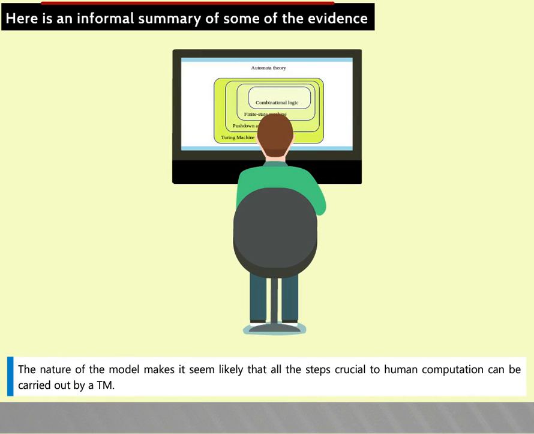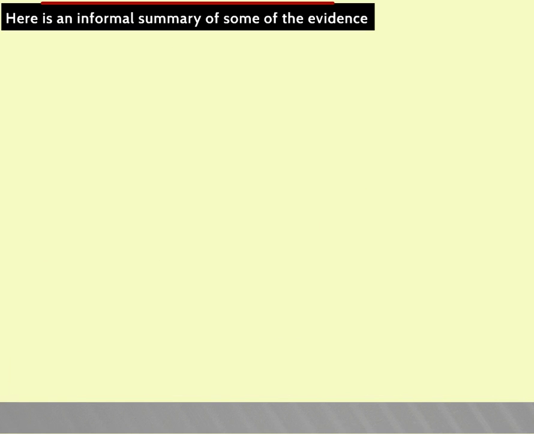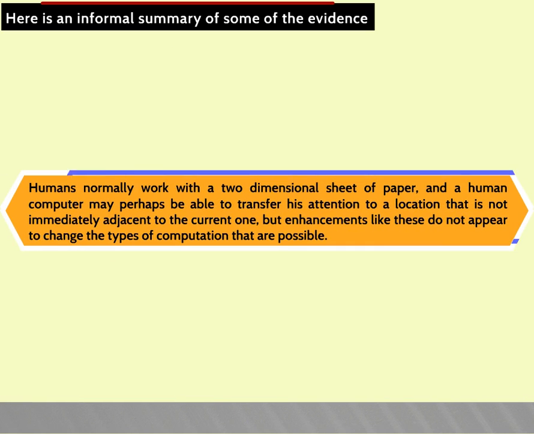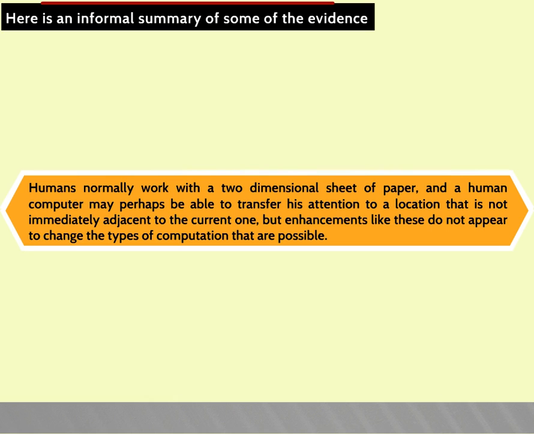The nature of the model makes it seem likely that all the steps crucial to human computation can be carried out by a TM. Humans normally work with a two-dimensional sheet of paper, and a human computer may perhaps be able to transfer his attention to a location that is not immediately adjacent to the current one.